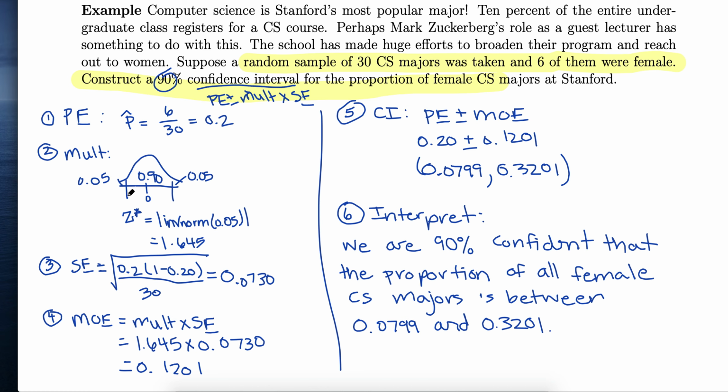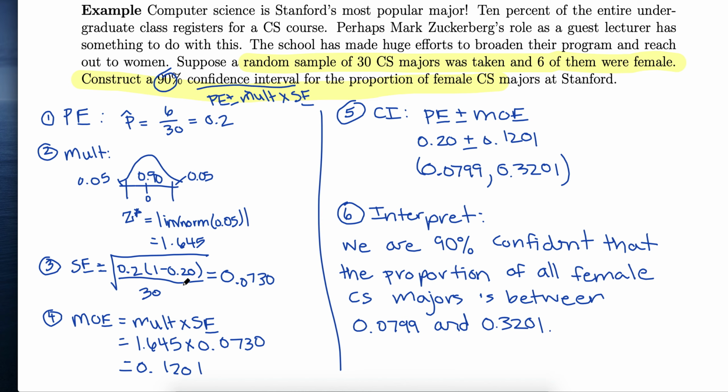To find this lower z-score, I know the area to the left is 5%, so inverse norm of the area to the left. And that'll give me a negative number. We said in the last video, make sure your reported multiplier is always positive. So the positive version of that is 1.645. So between plus or minus 1.645, we've got 90% of the area in the middle.